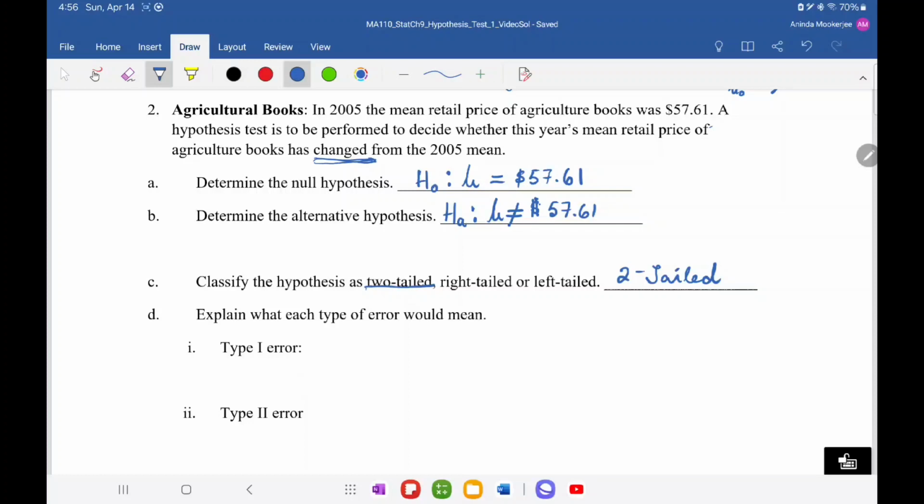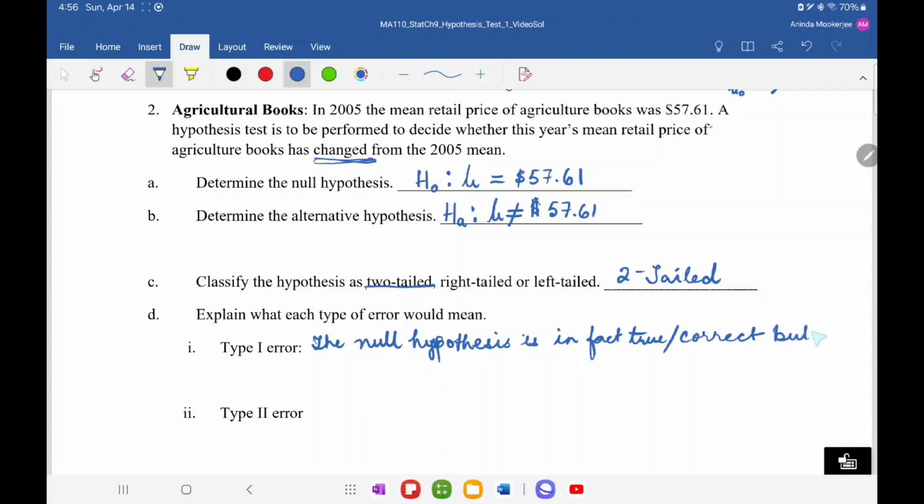So the null hypothesis is in fact true, or correct, but it is rejected.